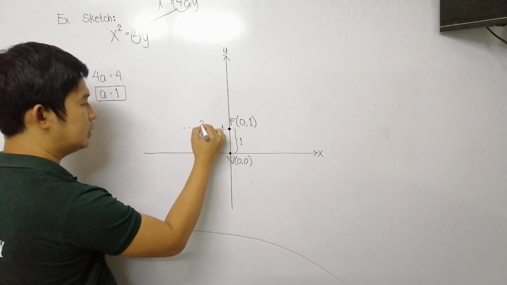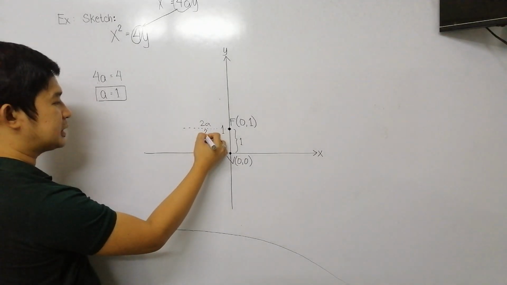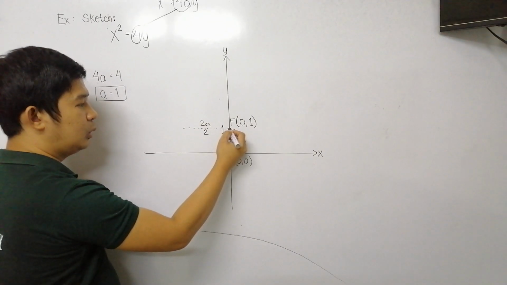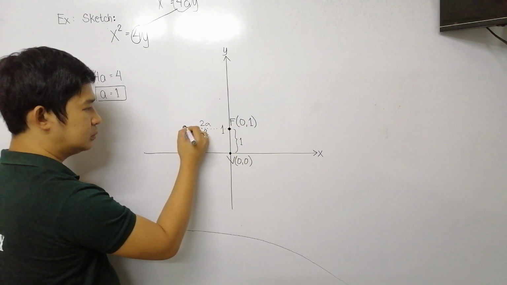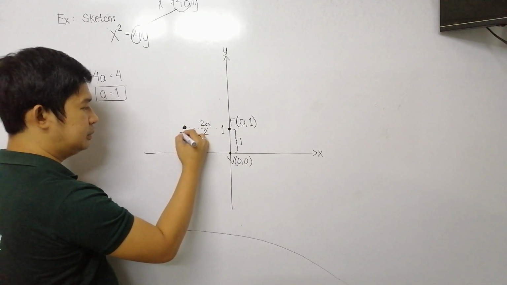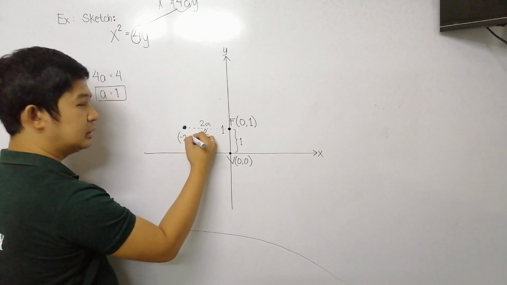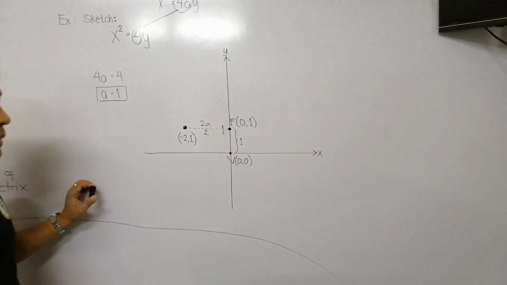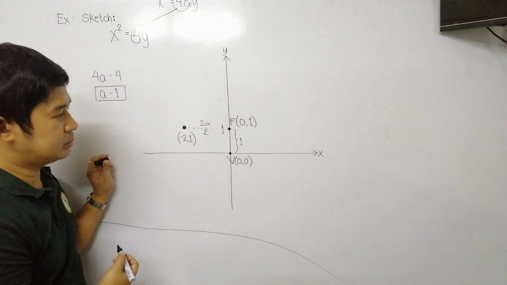So 2a is actually 2 times 1, so 2 units. So from 0, 1, we will move 2 units to the left. So this will give us the coordinates of negative 2, and then the y coordinate remains 1. So this will be now the coordinates of our left endpoint ng latus rectum.